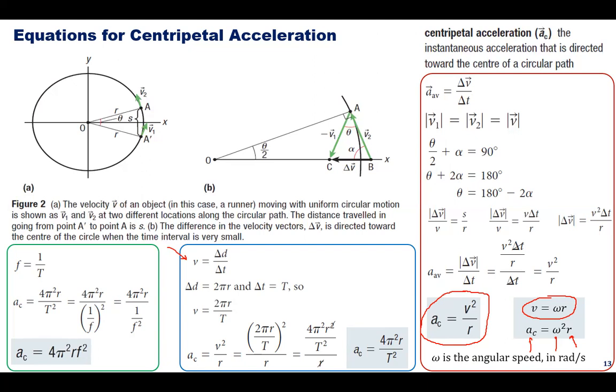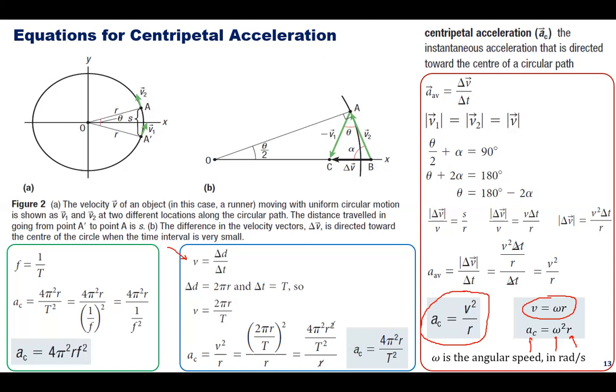Okay, so we have the following relationship: the speed v equals delta d over delta t. Then delta d equals 2 pi r, and delta t equals uppercase T, which is the period of this motion. So the speed of the motion v equals 2 pi r over T, right?